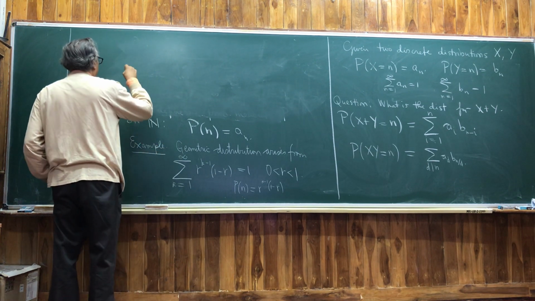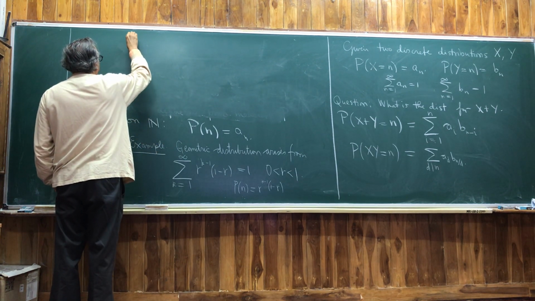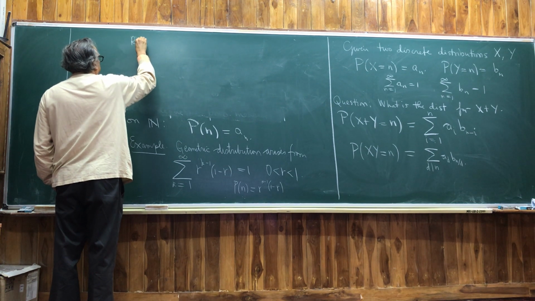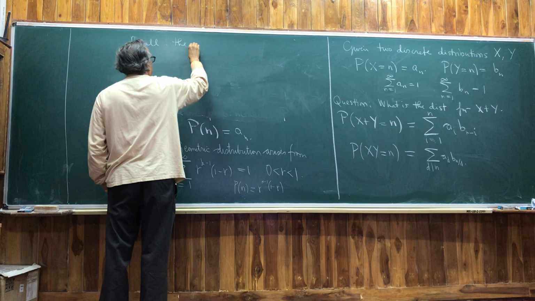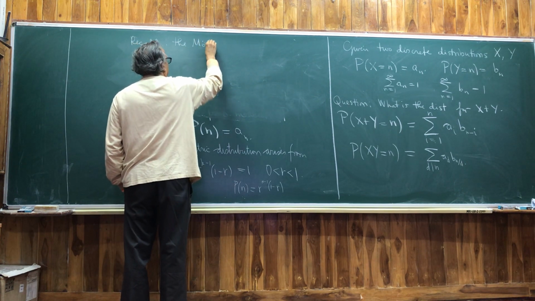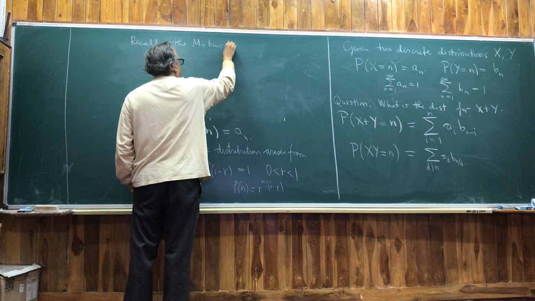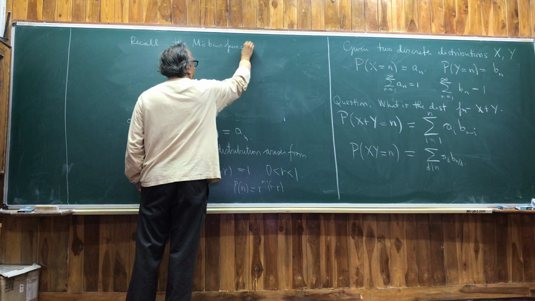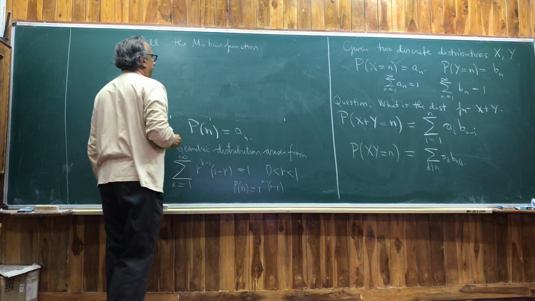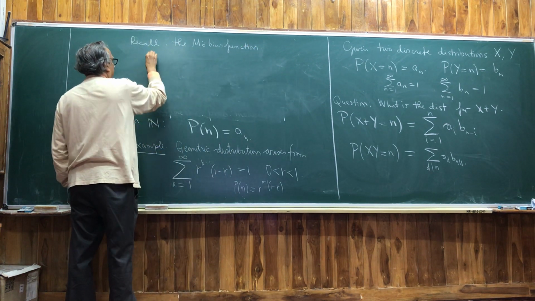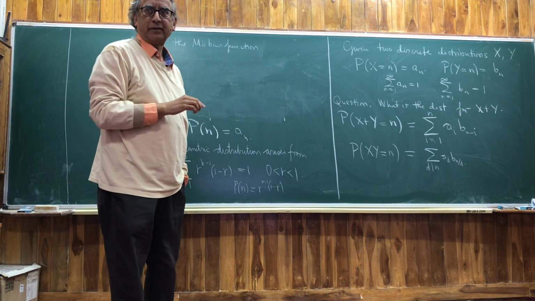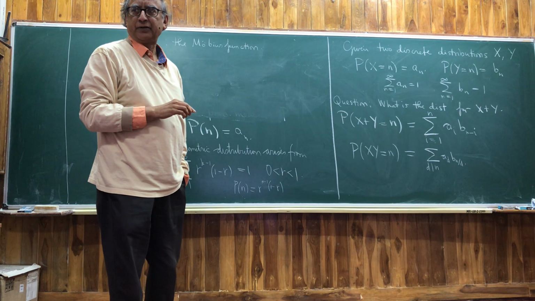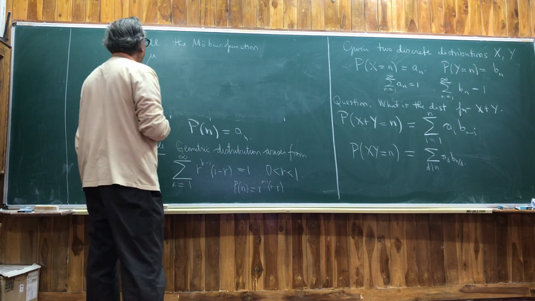So to motivate a discussion, we'll need to recall the Mobius function. So this is a function, that's why, you see, I was very averse yesterday and earlier to use mu for a measure, because I like mu for the Mobius function.